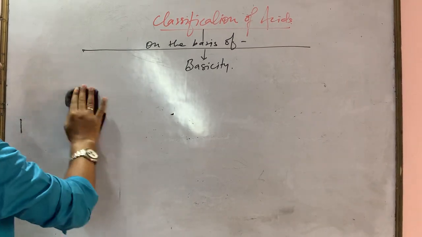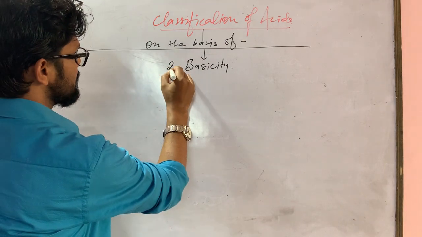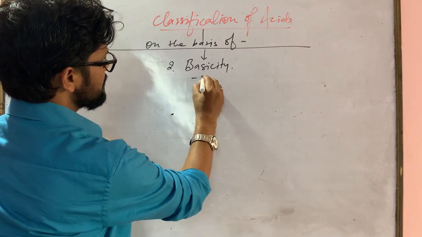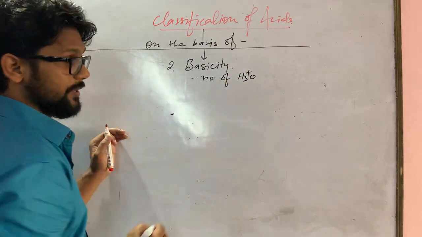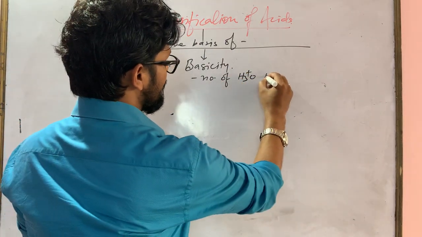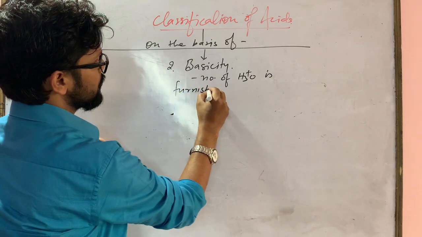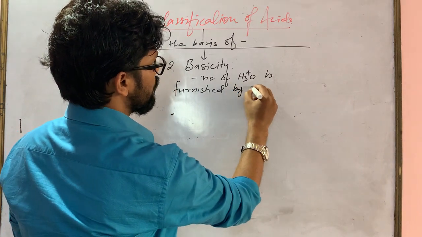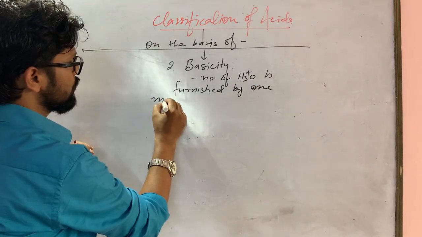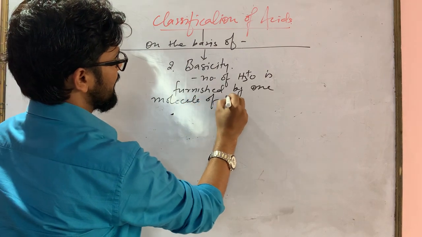What is basicity? This is the second classification of acids. So we'll try to understand what is basicity. Basicity means the number of hydronium ions furnished by one molecule of that acid.